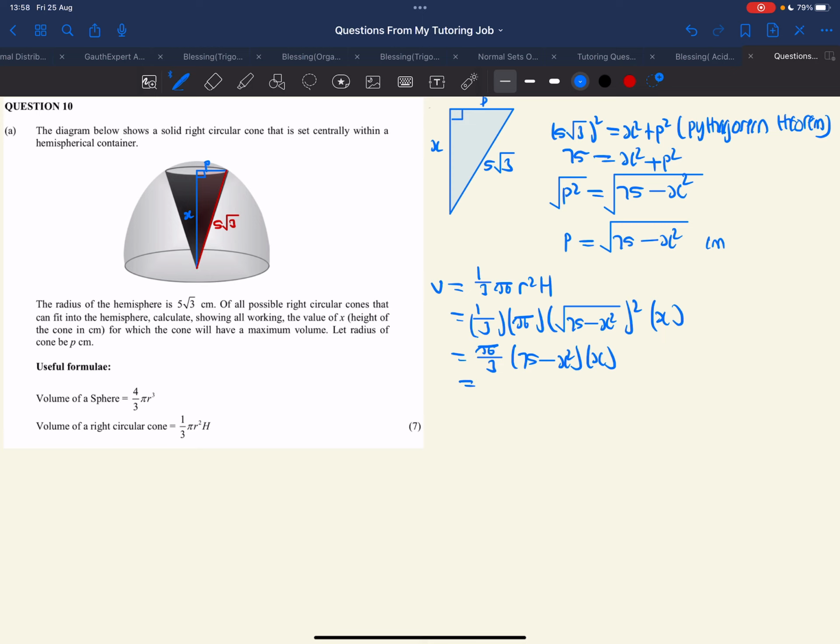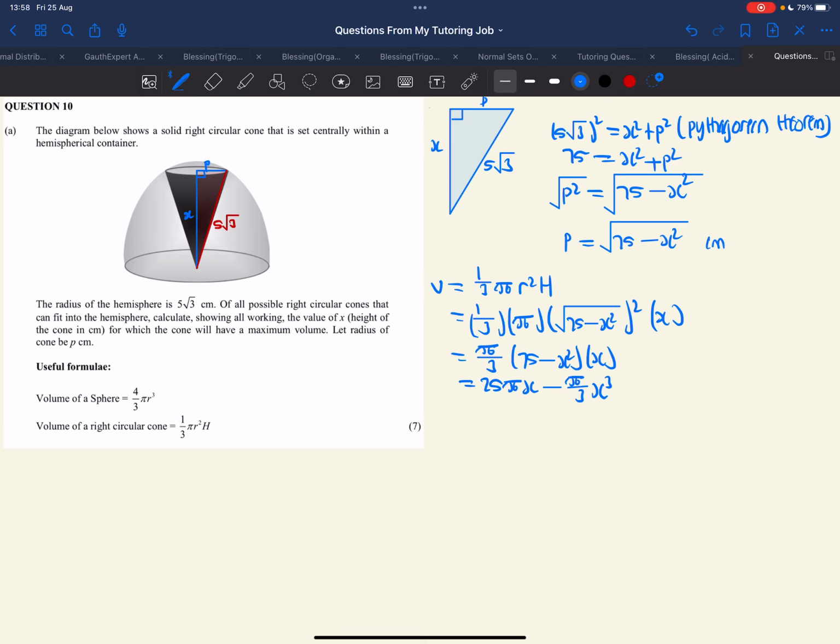So you're gonna get 25 pi x minus pi over 3 x cubed. So this is the answer that you're gonna get: 25 pi x minus pi over 3 x cubed, which is the volume.